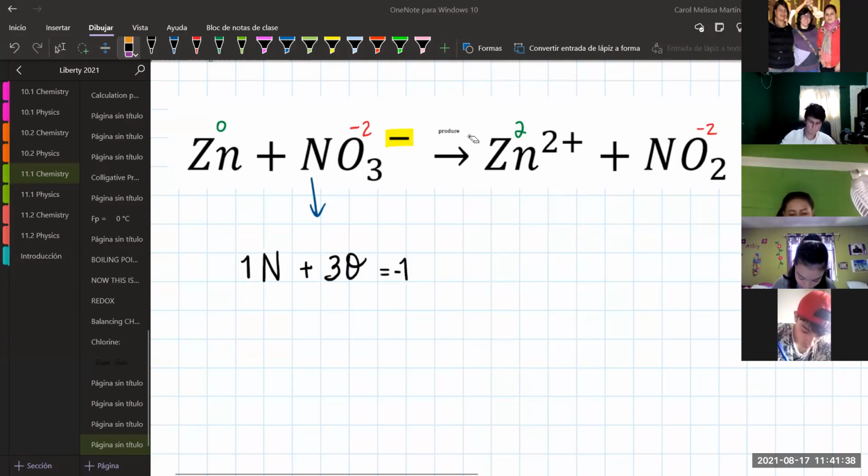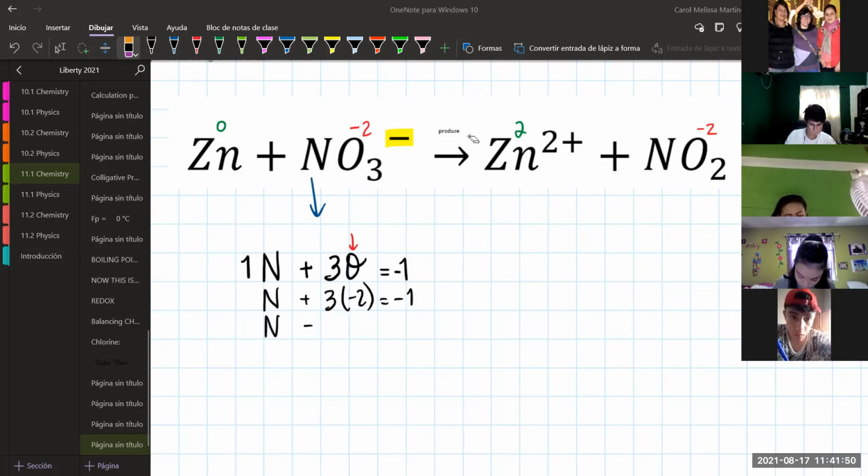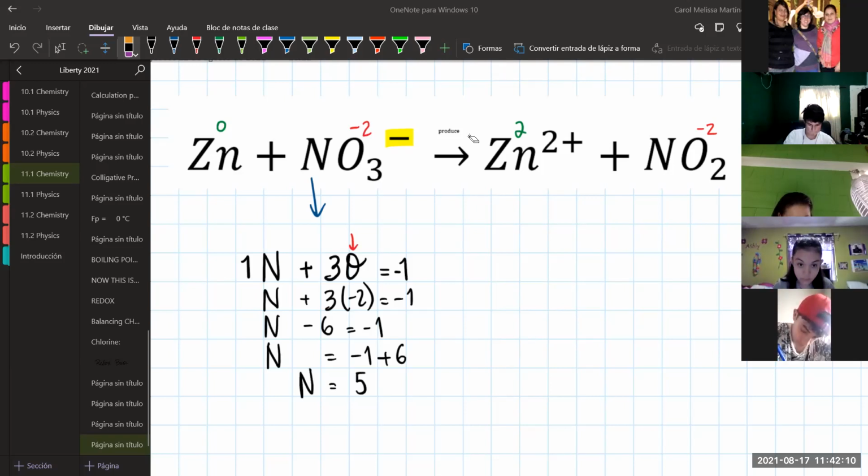Then I know the charge of oxygen, that is negative 2. So 1 times N is just N, and 3 times negative 2 is negative 6. N minus 6 equals negative 1, and this minus 6 can go to the other side by doing the opposite operation, that is negative 1 plus 6. 6 was subtracted, now it's adding, so you get that the charge of nitrogen will be 5.